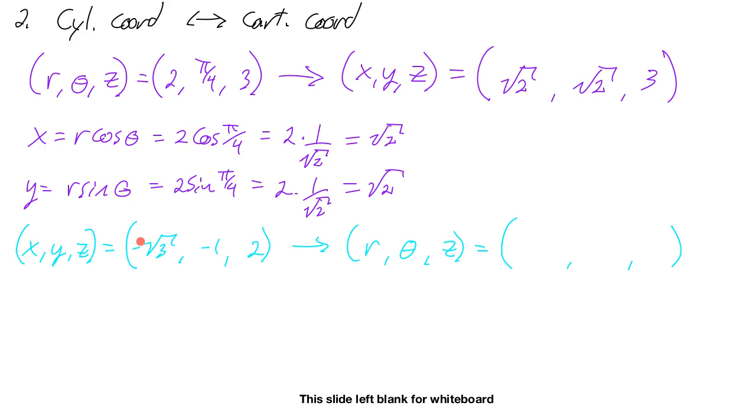So the z we can already do, which is 2. Well, what's r? In a cylinder with the z-axis in the middle, we get that r is the square root of x squared plus y squared.